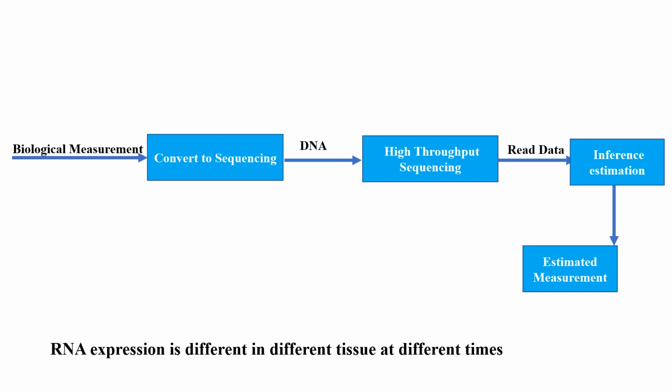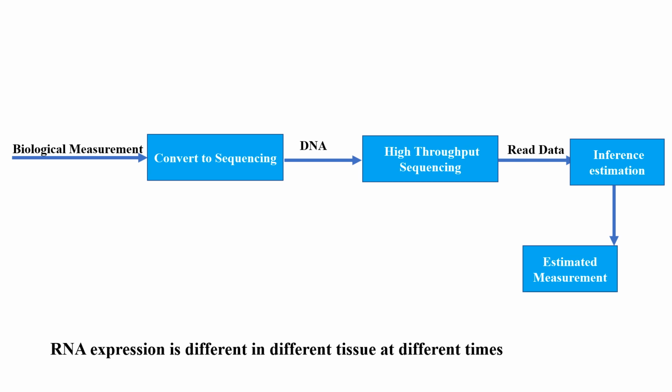Here we are discussing salinity. So we can expose the plants and collect samples for total RNA. After this, we will use the total RNA for sequencing and transcriptome analysis, because RNA expression is different in different tissues at different times.